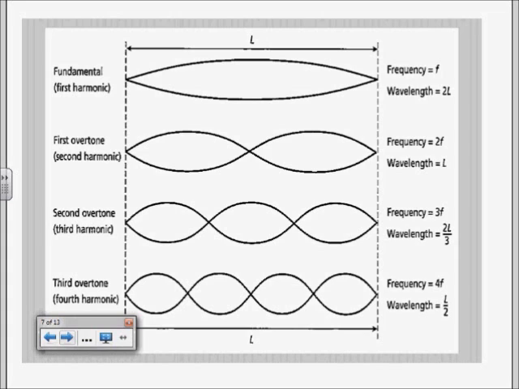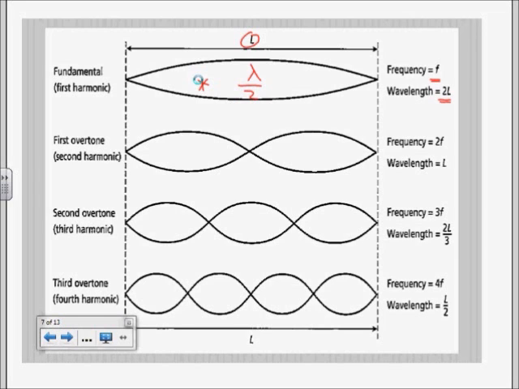At the top, that's our fundamental. It's effectively like half of a sine curve or half of a wave. So the length L here is equal to lambda over 2, from which we get that the wavelength must be 2L. The frequency associated with that wavelength we've just called f.